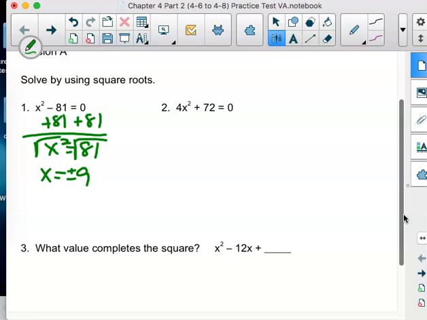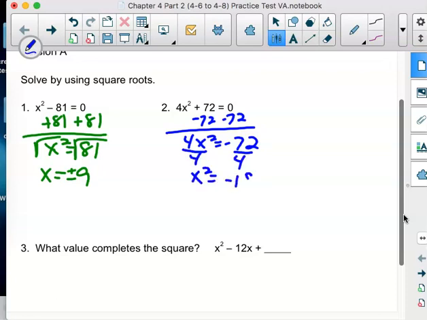Alrighty, take a look at number 2. What do you think? Okay, let's try it. Let's use the same method we did on this other one. Okay, hang on.